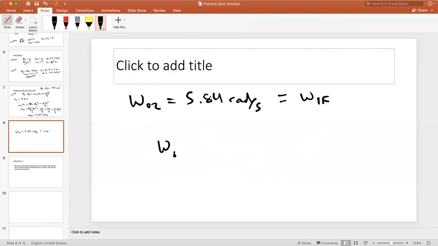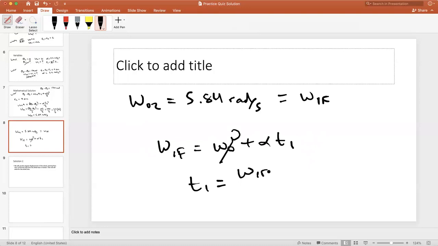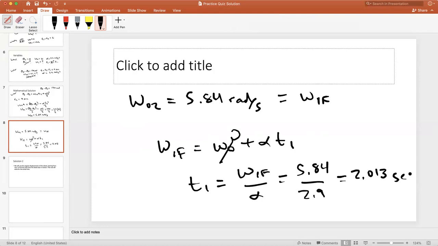And I know that omega 1 final is equal to omega naught plus alpha times t1. And t1 is what I want. So omega naught is 0, and I get that t1 is omega 1 final divided by alpha, which is 5.84 divided by 2.9, and that gives me 2.013 seconds.